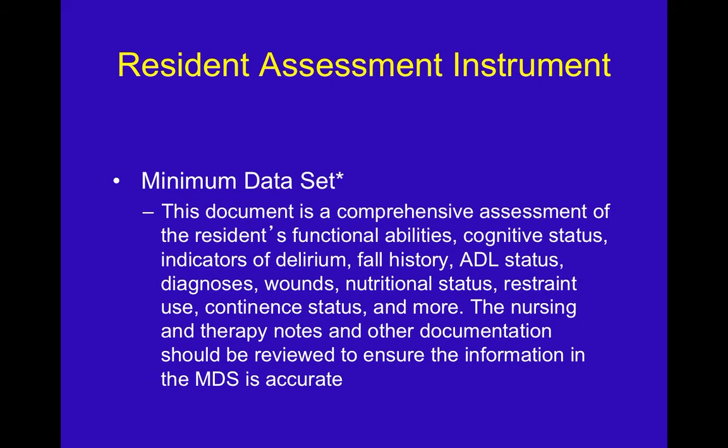What is in the minimum data set is a comprehensive assessment of the residents' functional abilities, their cognitive status, disease states such as delirium, fall history, how well their activities of daily living are, their diagnosis, their wounds, their nutritional status, restraint use, continence status. Nursing therapy notes and other documentation should be reviewed to ensure that the MDS is accurate, because this is what gets sent and this is what the surveyors are going to base their assessment upon.